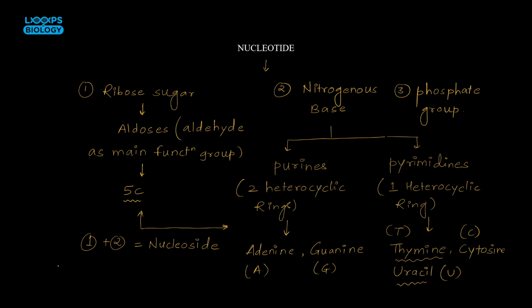And whenever I am adding a phosphate group to the nucleoside, then it becomes a nucleotide, and NT is the official short form for nucleotide. So in the upcoming videos, if I'm using NT anywhere, this is nothing but your nucleotide.